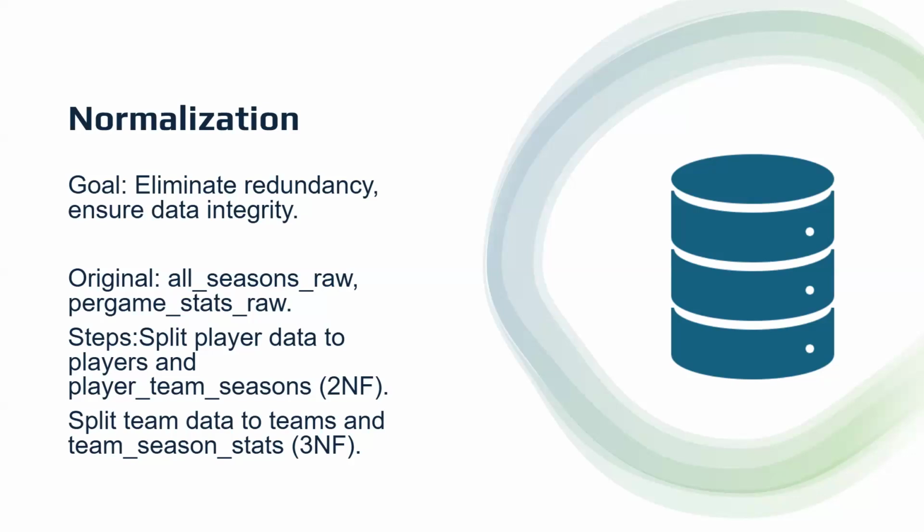Now, to convert it to third normal form, we need to remove any dependencies where non-key attributes depend on other non-key attributes. For example, in the players table, everything depends directly on the player ID, not like college determining height. For this reason, we need to split our data, and by splitting out static data, like player details, into its own table, we can obtain third normal form.